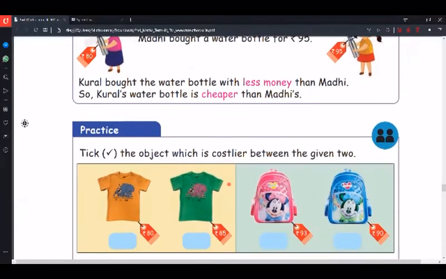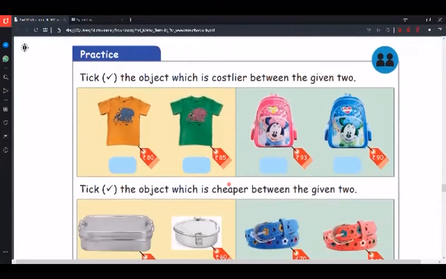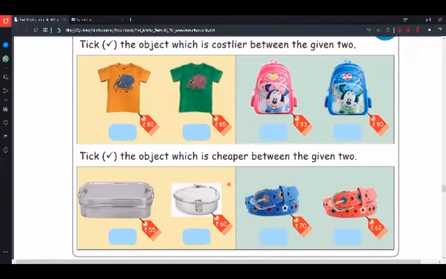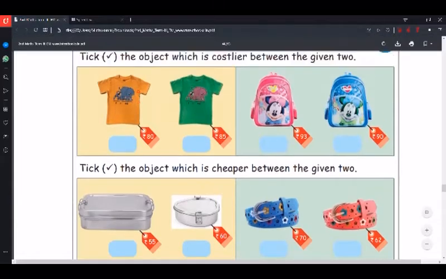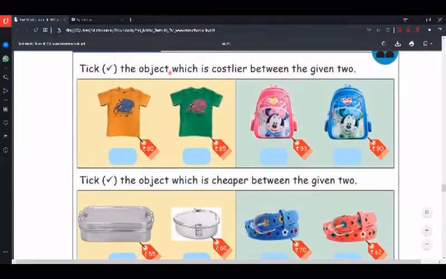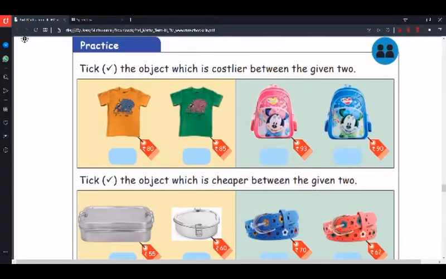Now tick the object which is costlier between the given two. Look at the t-shirts given here. The yellow one is 80 and the green one is 85.